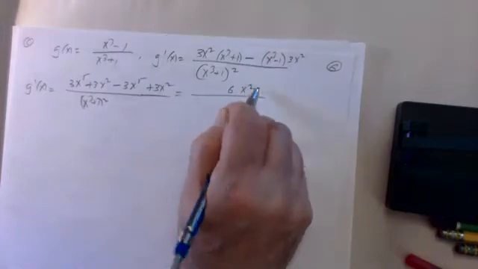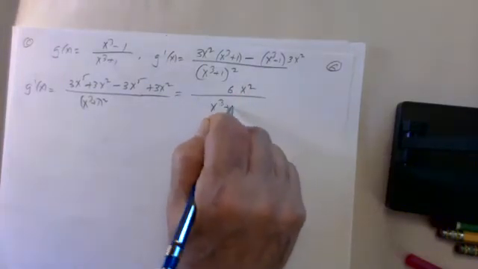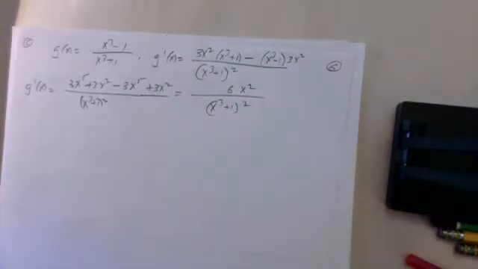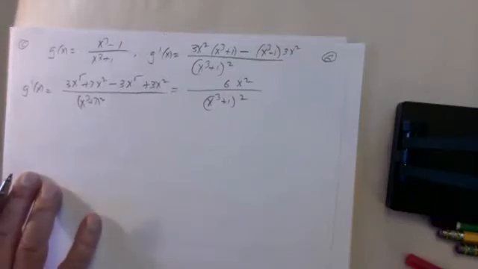So this is 6x squared over x cubed plus 1 squared. Any questions about this yet?